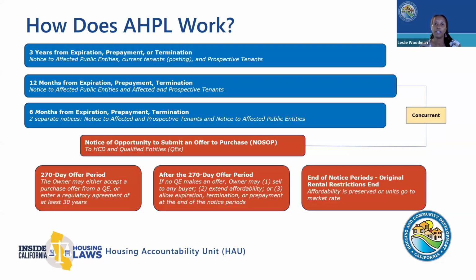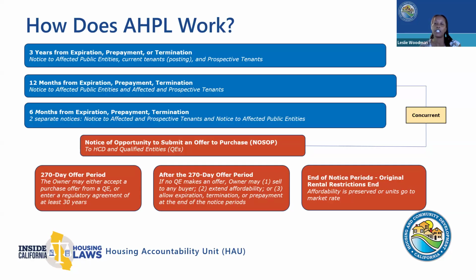If an owner does not receive any offers during the 270-day period, then the owner may sell the property to any buyer after recording a compliance certificate, or extend affordability restrictions for any period of time, or maintain ownership of the property and allow the affordability to end after all compliant APPLE noticing requirements are provided.